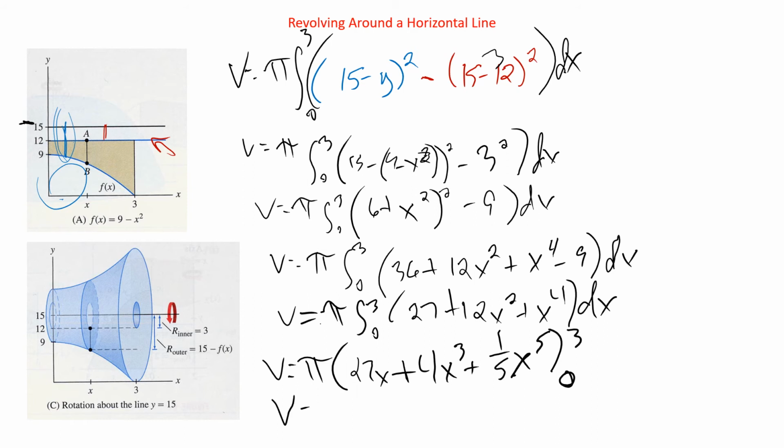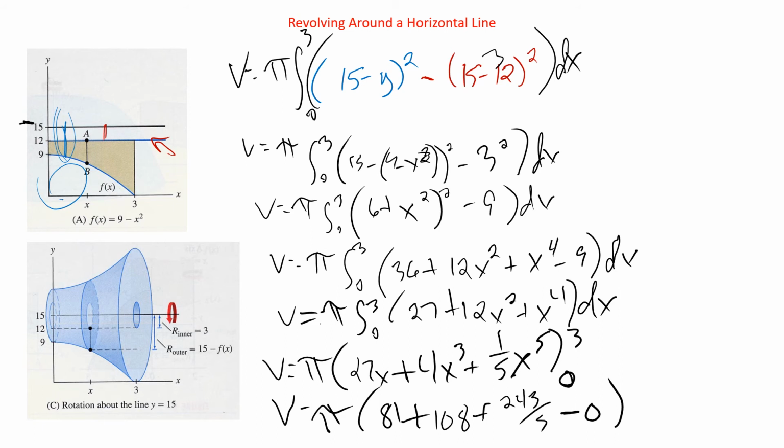So we can plug in 3 to get 27 times 3 is 81 plus, that's 3 cubed is 27 times 4 is 108 plus 3 to the 5th is 243 divided by 5 is 243 fifths minus, plug in 0. God, work. And 0 is going to be 0 for all of them.